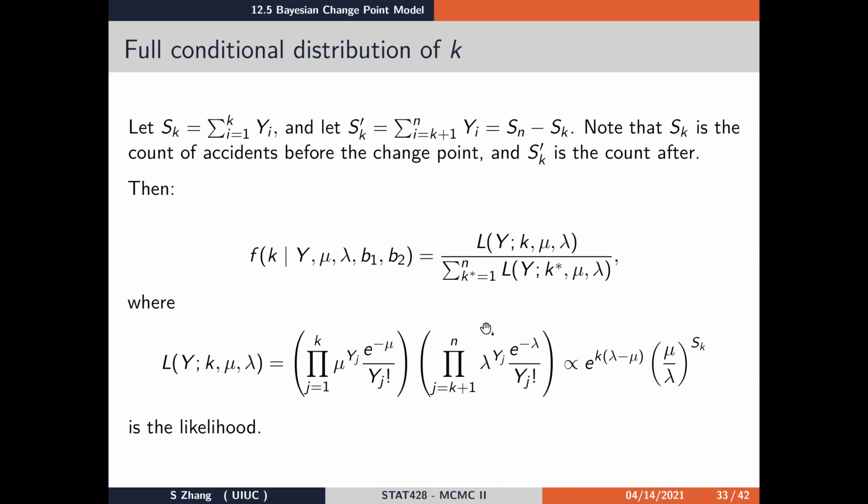After some combination of terms and simplification, we'll find out that the likelihood is equivalent to e to the power of k times lambda minus mu, times mu divided by lambda to the sk power.